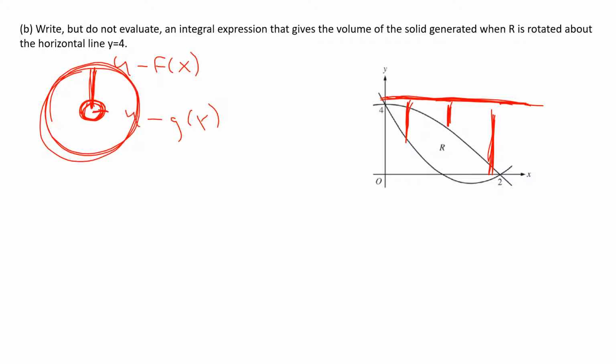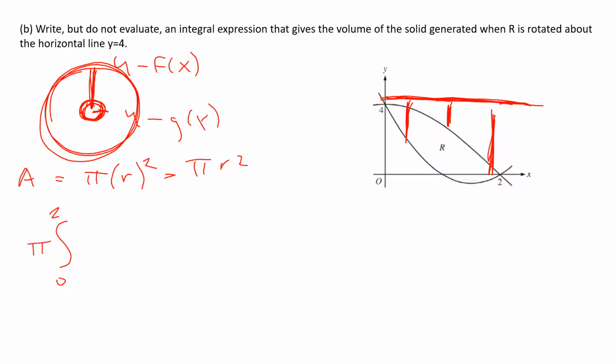And we know that the area of a circle is just going to be pi r squared, but because we have this little circle being subtracted from the big circle, we're going to have to subtract the other pi r squared. So if we set it up, it's just going to be from 0 to 2 again. These are my points of intersection.